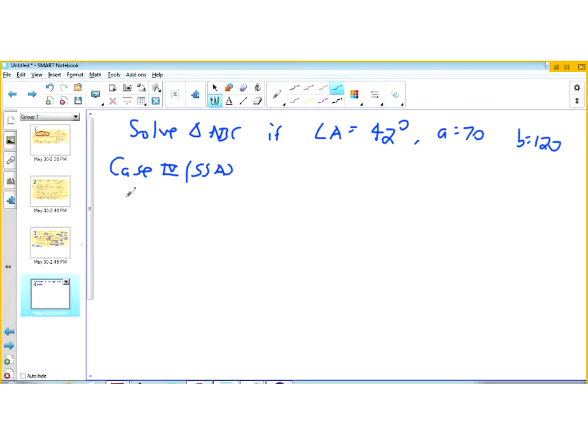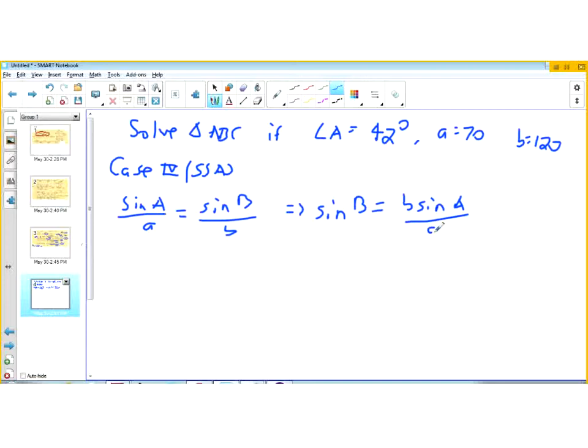Okay, so now we go ahead and commence the computation. So we'll have sine of A over a is equal to the sine of B over b. So the sine of B would equal b times the sine of angle A divided by a.